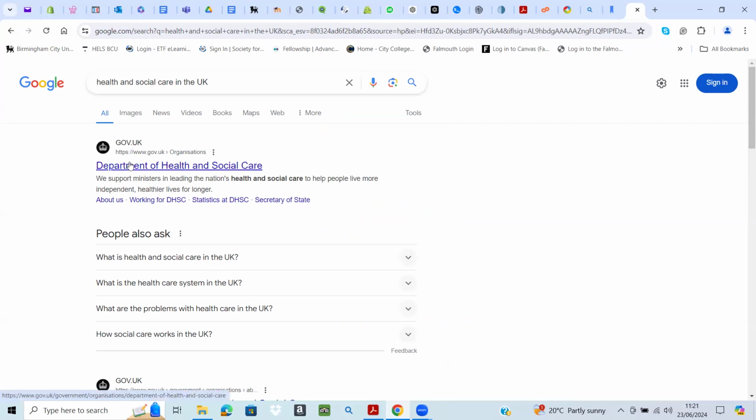So in case we have the Department of Health and Social Care, that is a reliable source of information. We could take information from these sources.